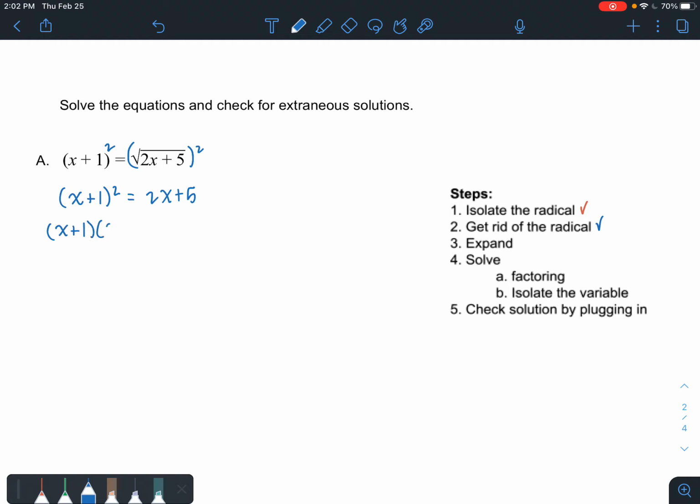So we have x plus 1 times x plus 1 equals 2x plus 5. Let's expand further by foiling. x times x is x squared. x times 1 is x. 1 times x is x, and 1 times 1 is 1. And that's equal to 2x plus 5. Combine like terms.